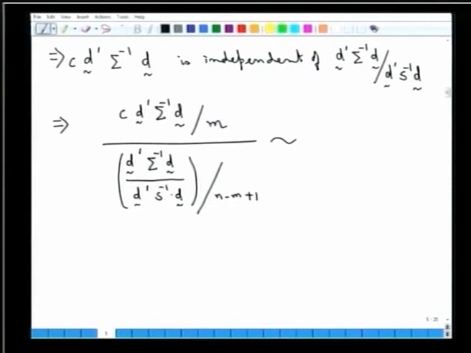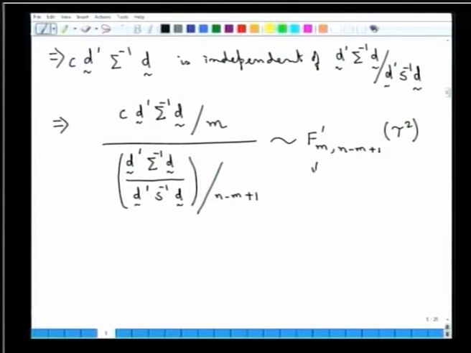The two are independent. So this will have a non-central F distribution on the degrees of freedom m, n minus m plus 1, and the non-centrality parameter of this non-central F distribution would be the same as the non-centrality parameter of this numerator chi-square, which is a non-central chi-square distribution.